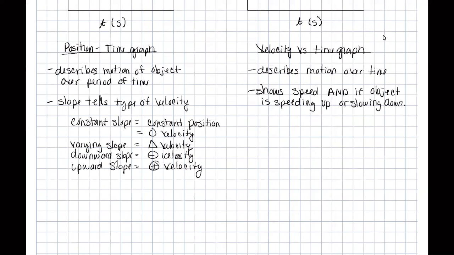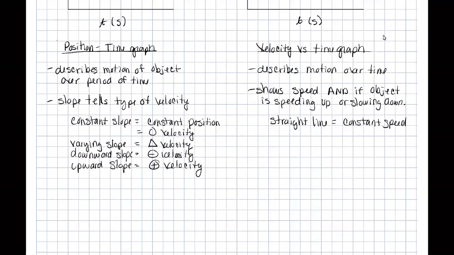A constant speed is a straight line. If there's a sloping line, you have a variable speed.